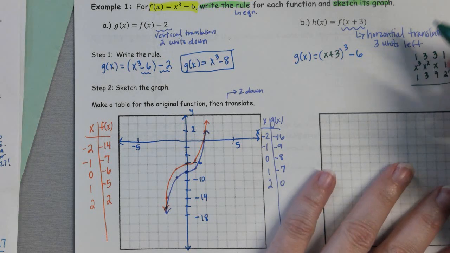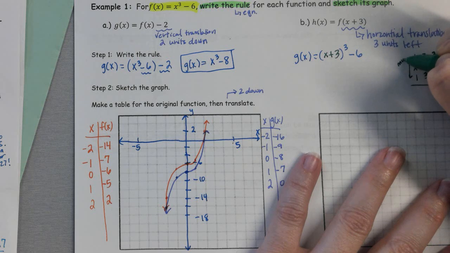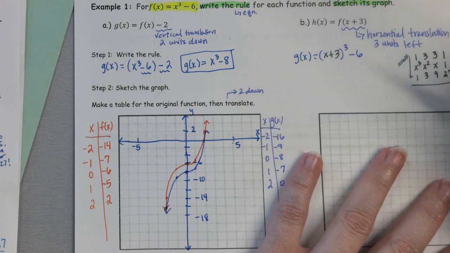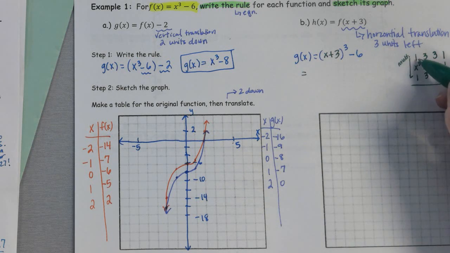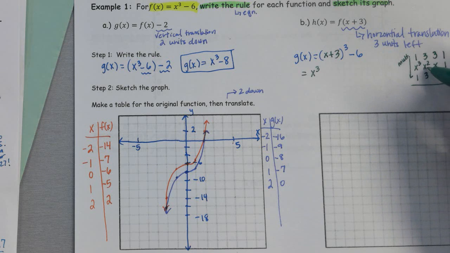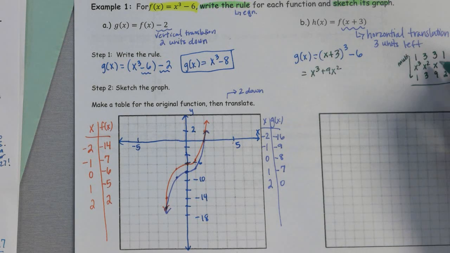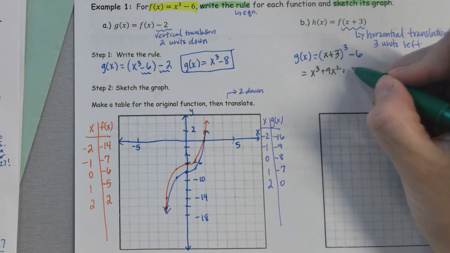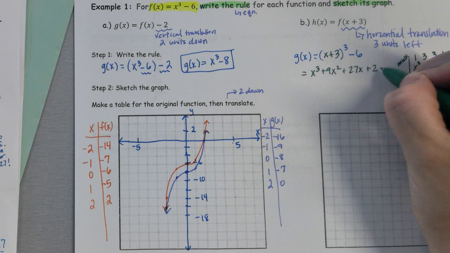Okay, I just put multiply. I'm going to write it out over here so I don't have to write it out 100 times. So this would be 1 times x cubed times 1, which is x cubed. 3 times x squared times 3, which is 9x squared. 3 times 9, which is 27x. 1 times 1 times 27, which is 27.